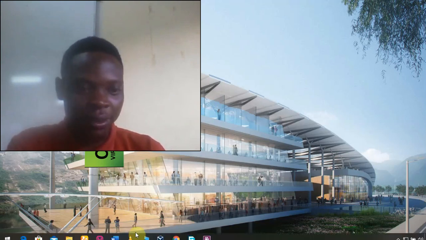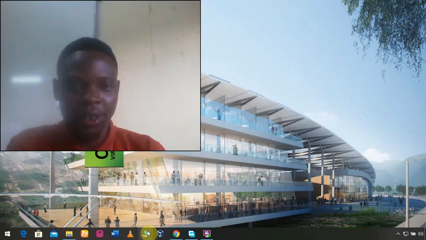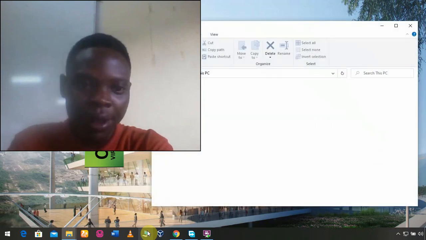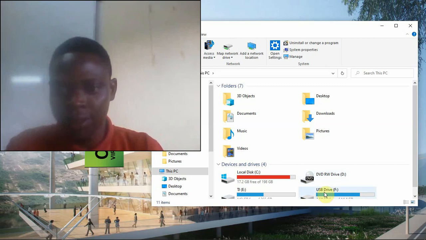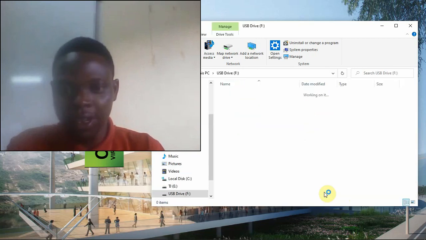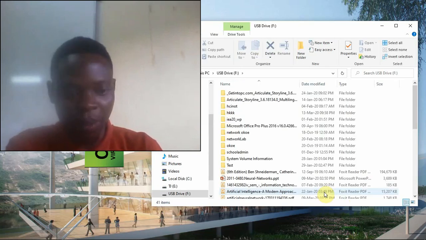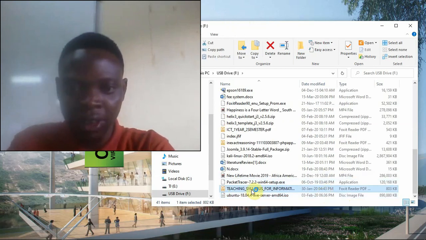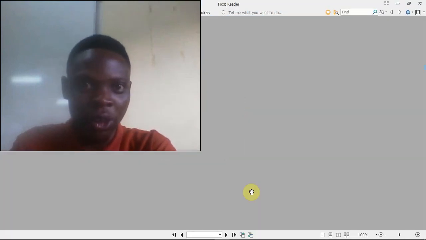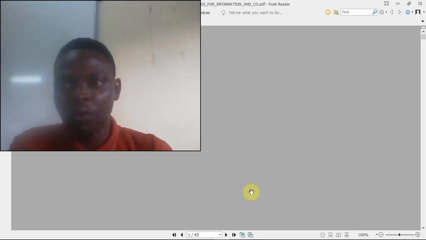Then let's also look at what the syllabus says about the ICT, the elective ICT, to be precise, so that parents and children will understand why their wards need to take up ICT seriously.